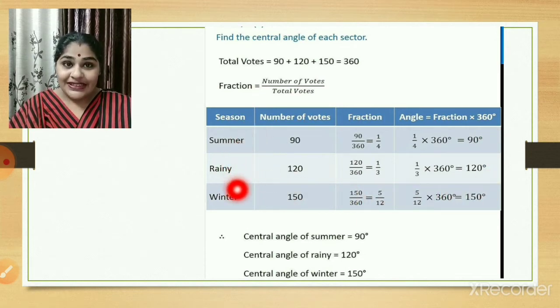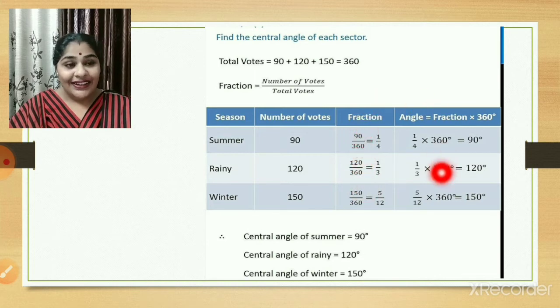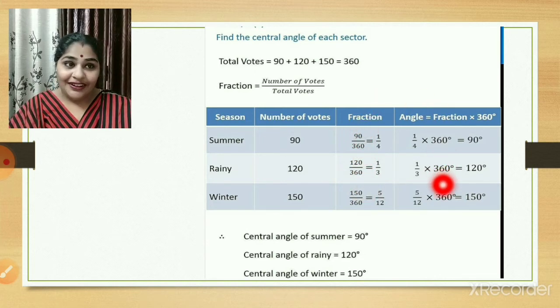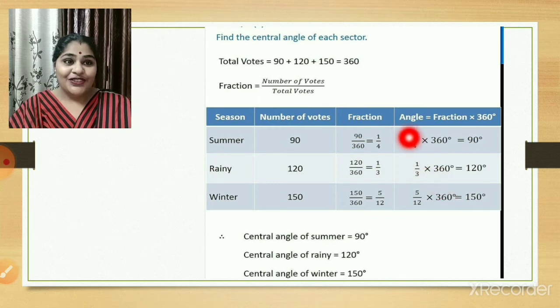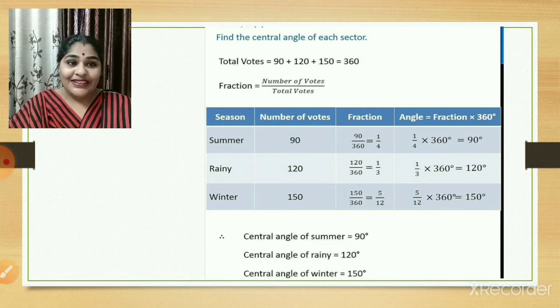Write the season, number of votes, which is already given to you. Third column is fraction, which I have just now shown how to find, and then angle, or you can also write central angle of a sector. That will be equal to fraction multiplied by 360 degree. And then find all the central angles.